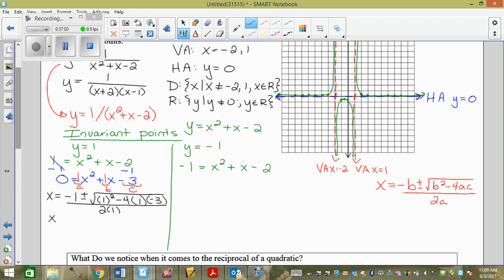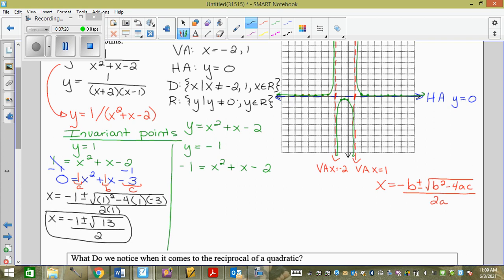And then I told you to do what's underneath the radical next. So you're going to get 1 squared minus 4 times 1 times negative 3. And you should get 13 over 2.